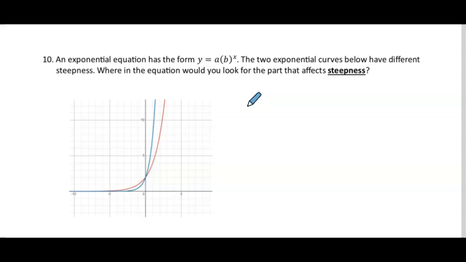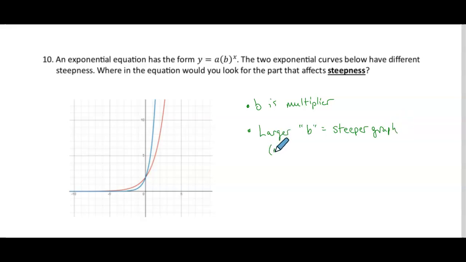So we want to say that first off, b is the multiplier. And I know that because it has the exponent, so that's what's going to make it repeat. And the larger b is going to equal the steeper graph.